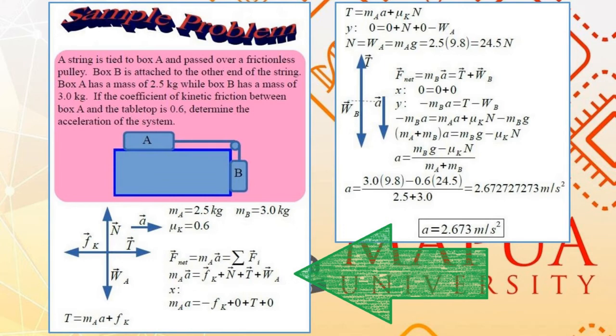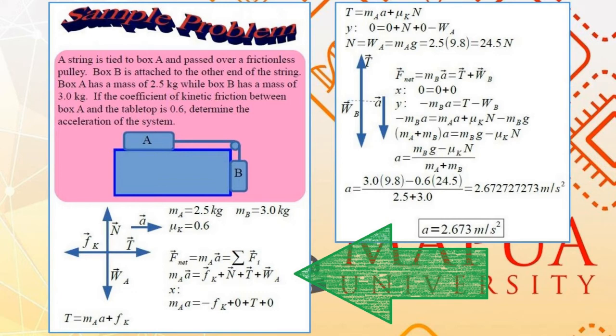For the system to move, A can slide to the left or to the right, whereas B can either go down or up.